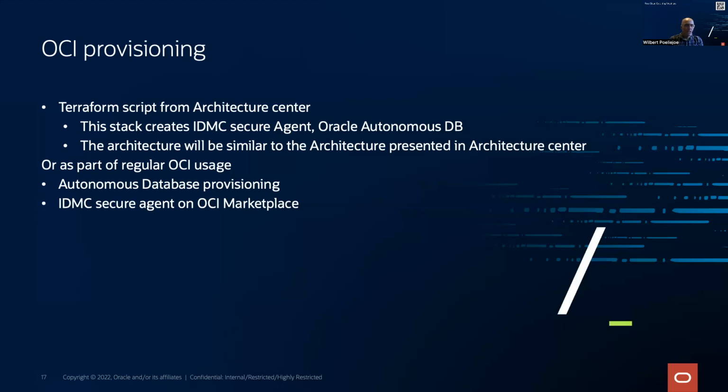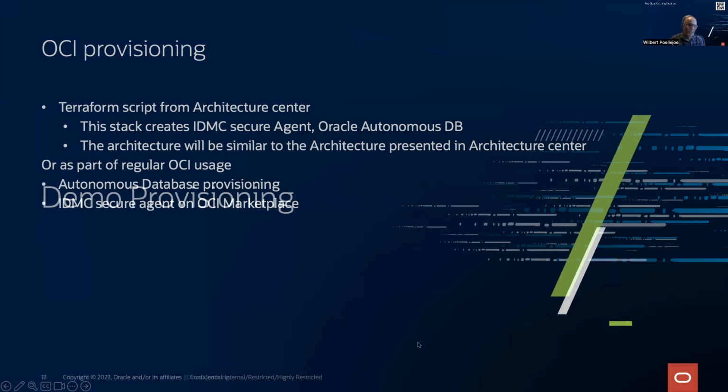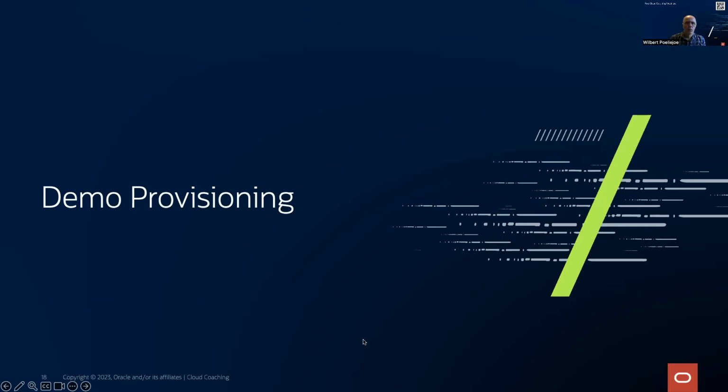Next, we will see how to do that provisioning, and we will also have a look into how the integrations within IDMC will work. So we are going to look into the provisioning of the IDMC secure agent, the autonomous database, Oracle Analytics Cloud.